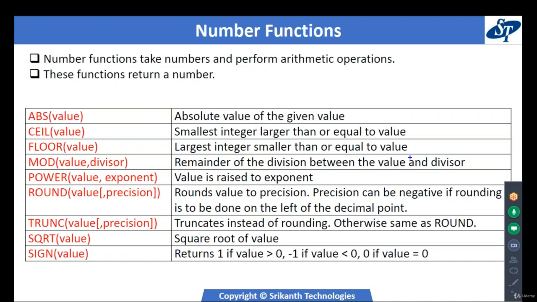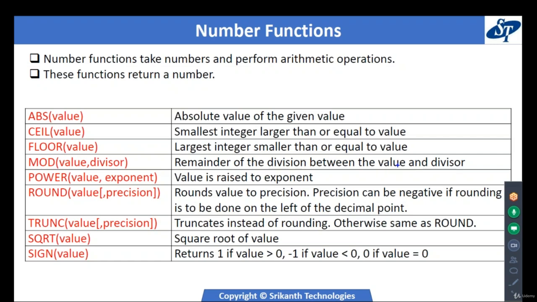Mod returns the remainder of the division. So if you say mod 10 comma 3, you get 1 because that's the remainder of the division between 10 and 3. Power raises the given base to the given power. So if you give 2 comma 8, you get 256. That's 2 raised to 8.